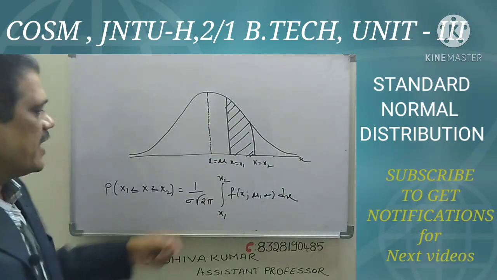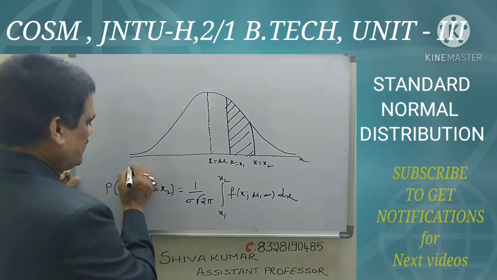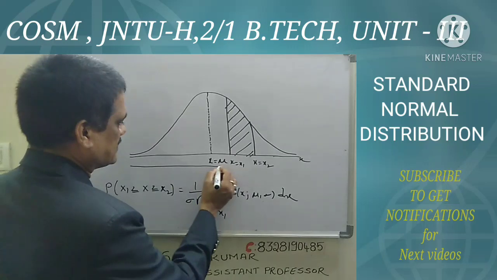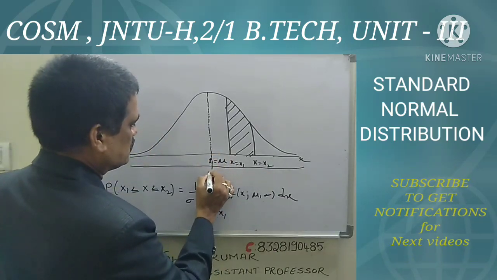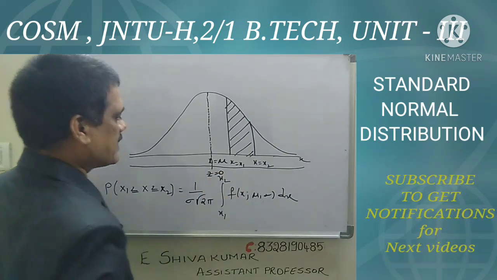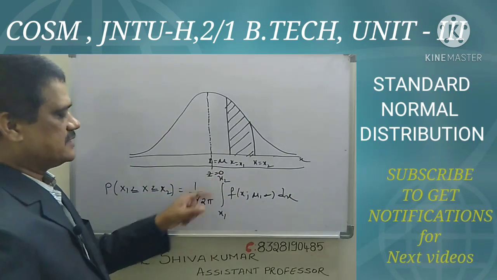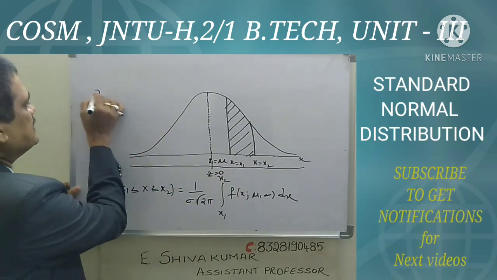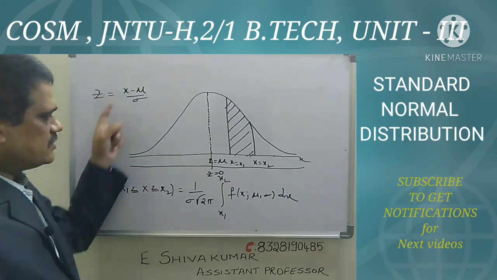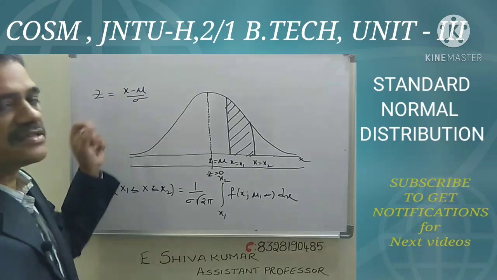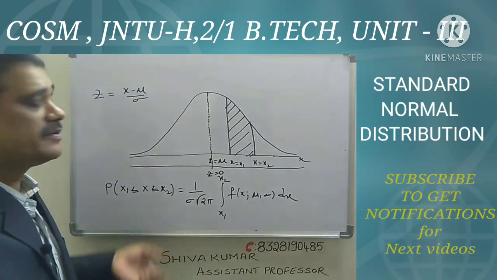From this graph, I can draw one more line, parallel to the x-axis. Just extend this. This is always z equals 0. Why? Because z equals x minus mu divided by sigma. At x equals mu, z is always 0, and sigma is 1.